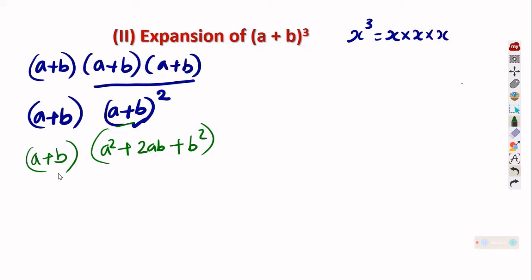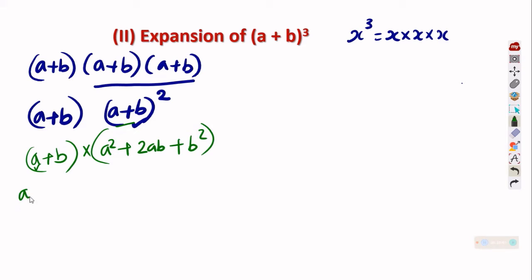Now looking at it, we remember something. How can we solve this? This is a multiplication format, where you have to multiply a square plus 2ab plus b square with a, and also multiply a square plus 2ab plus b square with b. So we can write it in that way, but it will be easy for us. We will be multiplying with a whole this.